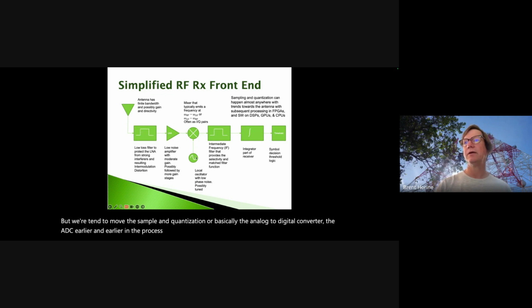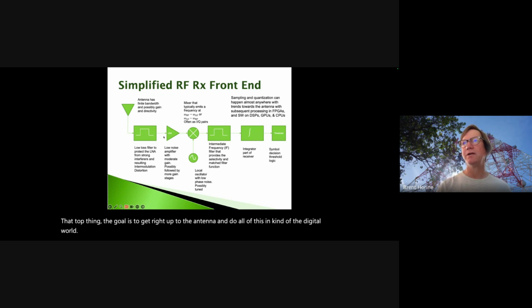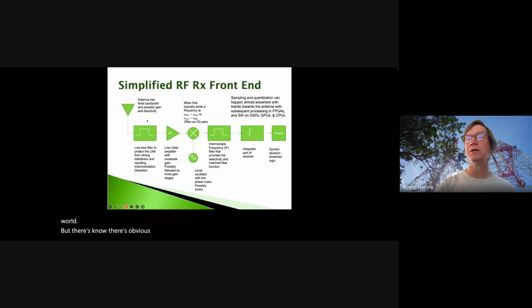And so even the local oscillator, the mixer, that type of thing, the goal is to get right up to the antenna and do all of this in kind of the digital world. But there's obvious challenges in building good enough ADCs to do that. But that's a trend.